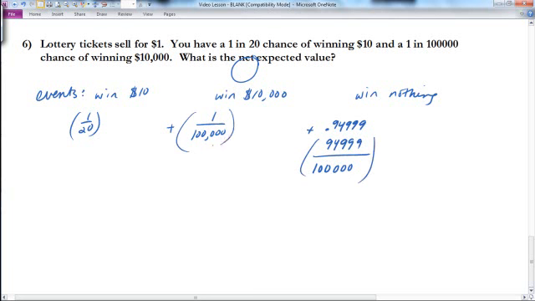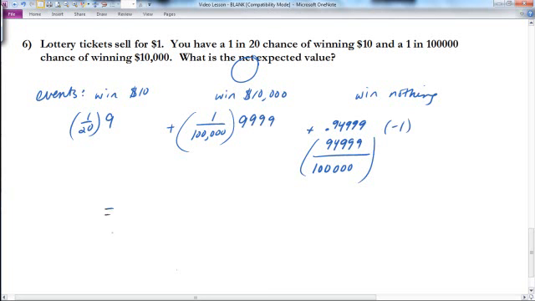Now we need to write the expected value for that event. So if I win $10, I'm really only winning $9 because I had to pay $1 for my ticket. If I win 10,000, I'm really only netting $9,999, although really who's counting if you win $10,000? And if I win nothing, I'm actually losing $1.